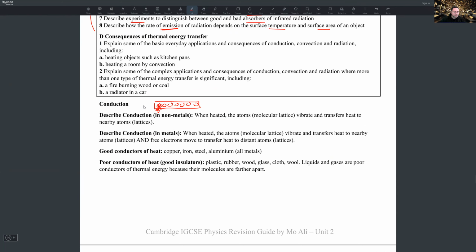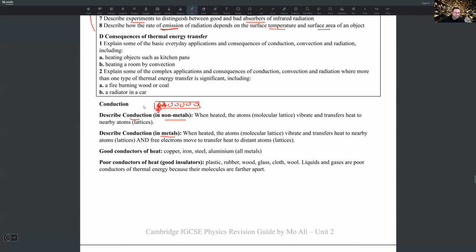And as they vibrate, they collide with and transfer energy to nearby atoms. So an atom vibrates, collides with the next atom. This atom collides with the next atom. This atom collides with the next atom. So it's a sequential thing, one after the other, and so on. So it just keeps giving it one to the next to the next. Easy. But this is how conduction happens in non-metals.